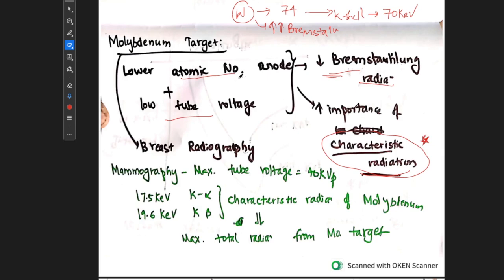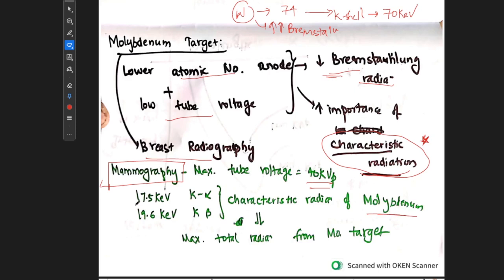Because of its lower atomic number and lower tube voltage, it is used in breast radiography, that is, in mammography. In mammography, molybdenum target is most commonly used. The maximum tube voltage of mammography is 70 kilovolt peak. 17.5 kilo electron volt, that is K alpha, and 19.6 kilo electron volt, that is K beta, are both characteristic radiations of molybdenum.